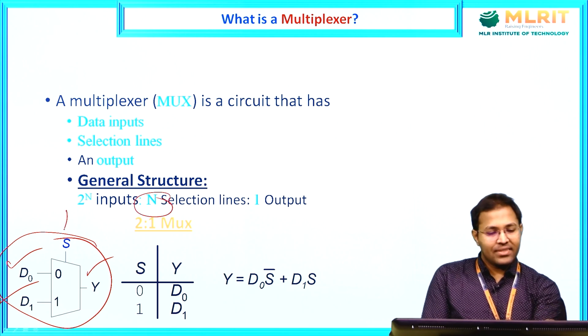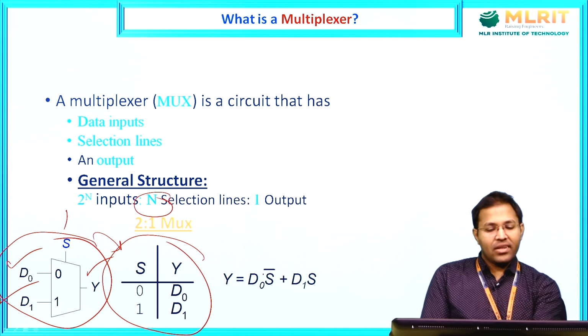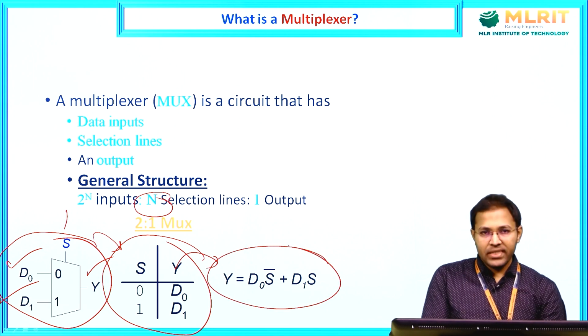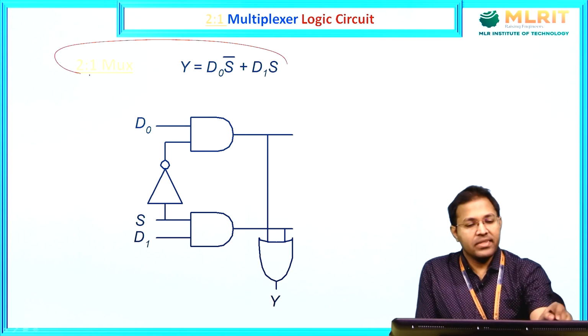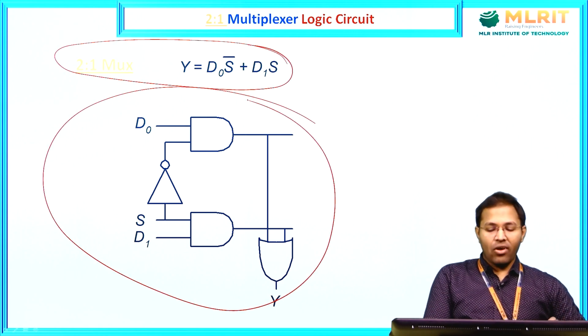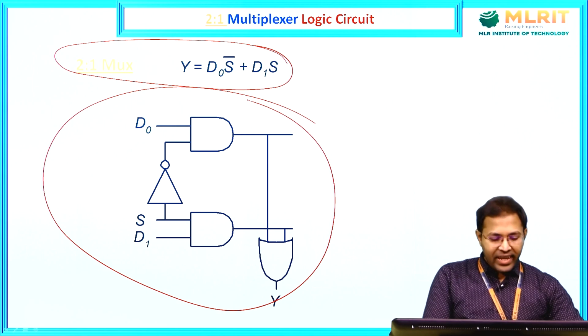Based on this we can construct the table, based on the table we can get the Boolean expression, and from the Boolean expression we can get the circuit diagram. We have seen all this logically. Now let us generalize, so that students will be able to implement a mux of any size.